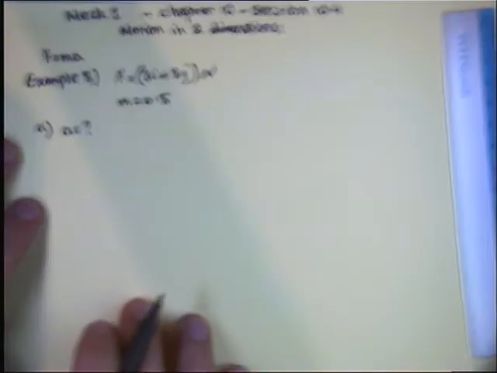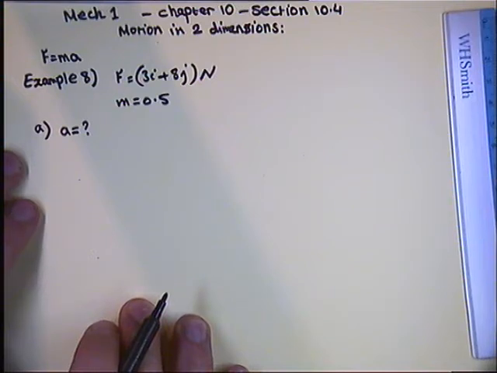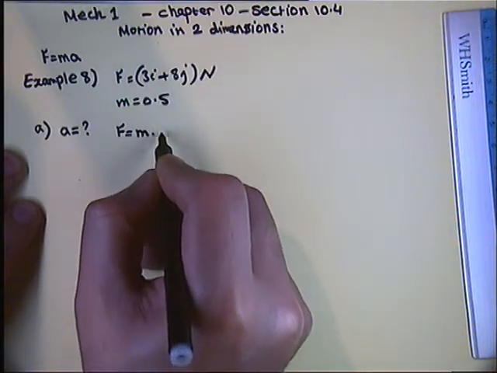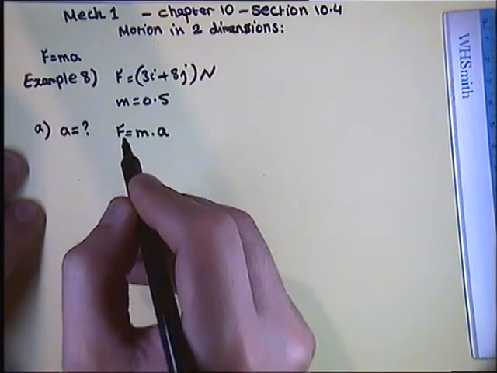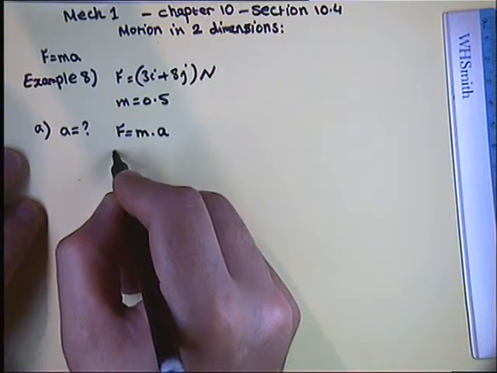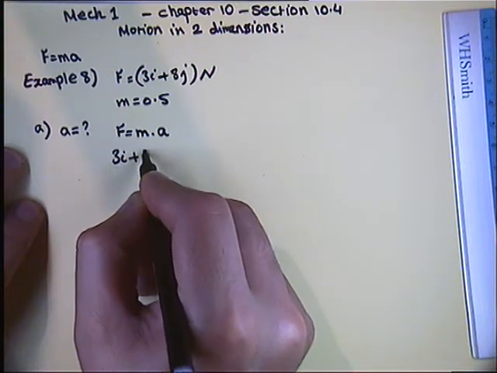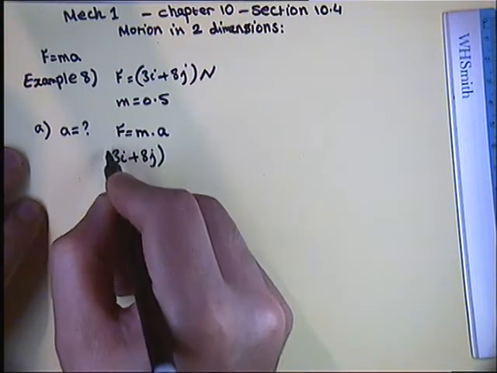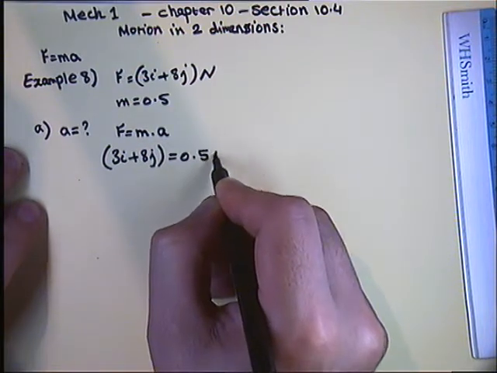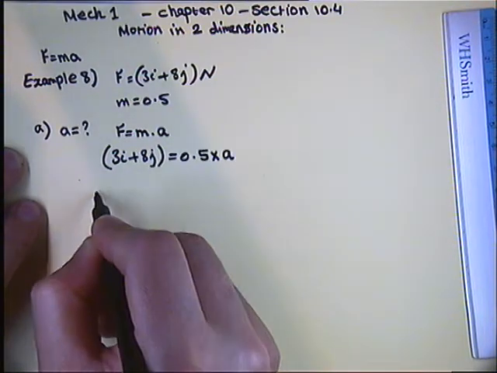For part a, we want to work out the acceleration a. We know that F is equal to mass times acceleration. F is 3i plus 8j, which equals 0.5 times a.